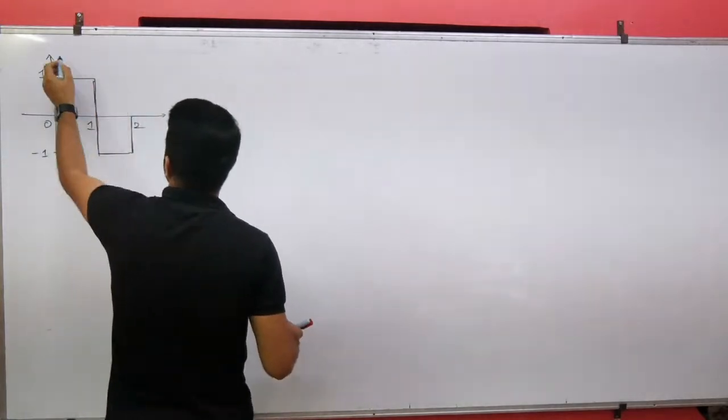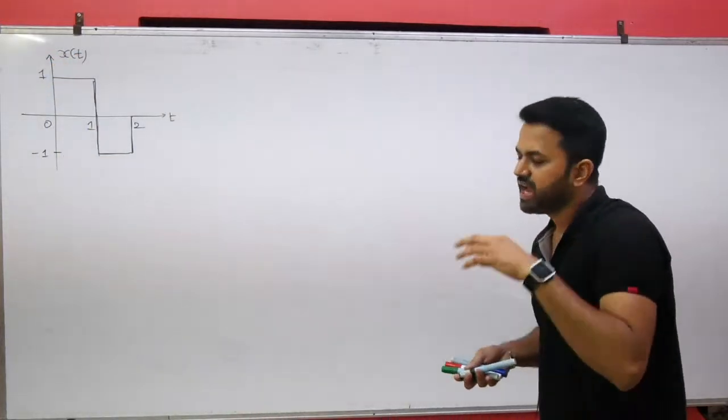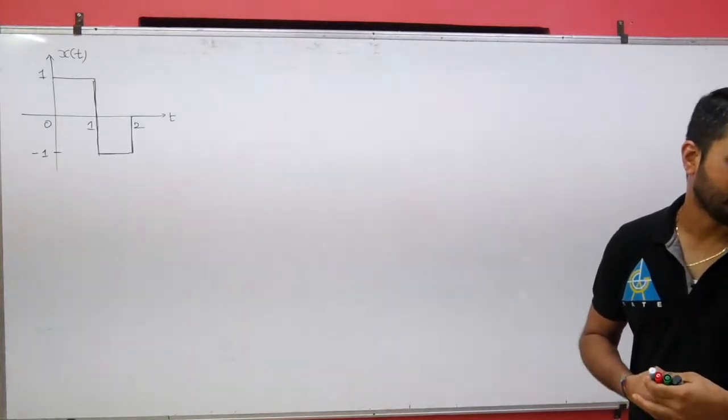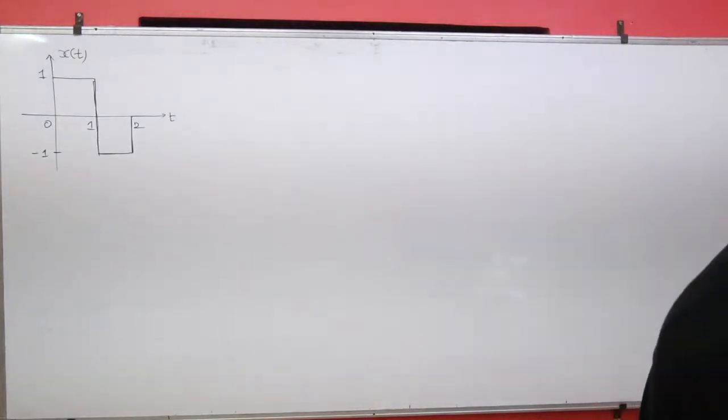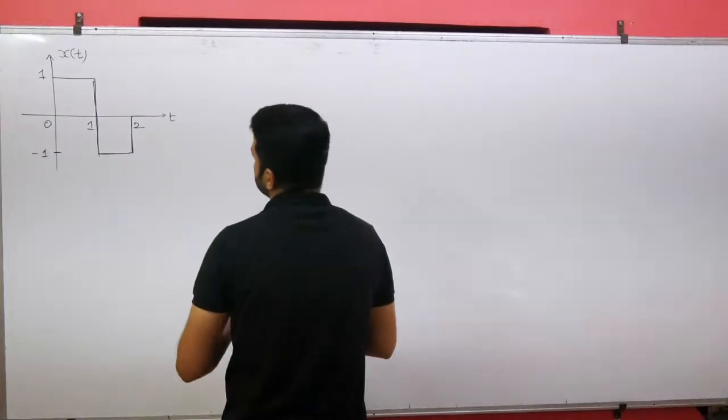It is given to the input of the matched filter, and we know that the output can be calculated by convolving the input with the response of the matched filter. We know how to draw the response of the matched filter.